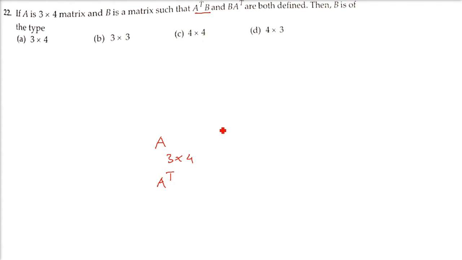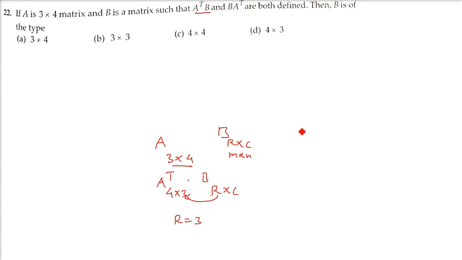So we assume that B is R into C, R for row and C for column. You can also take it as M into N. So A transpose is 4 into 3 now, because we have taken the transpose. Now A transpose into B is defined, so the row of B has to be equal to 3, because the column of A transpose has to be equal to the row of B.